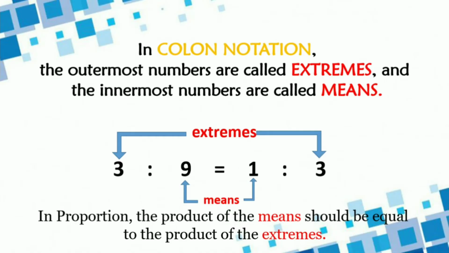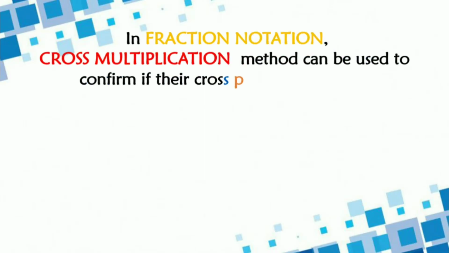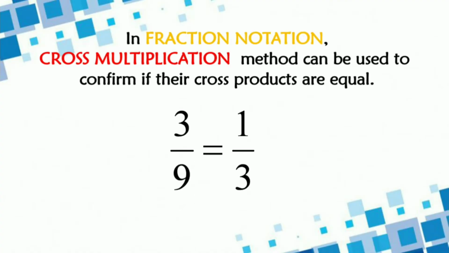While in fractional notation naman, we use cross multiplication method to confirm if their cross products are equal. Para masabi natin na ang dalawang ratio na naka-fraction ay equal, we will be using cross multiplication method.